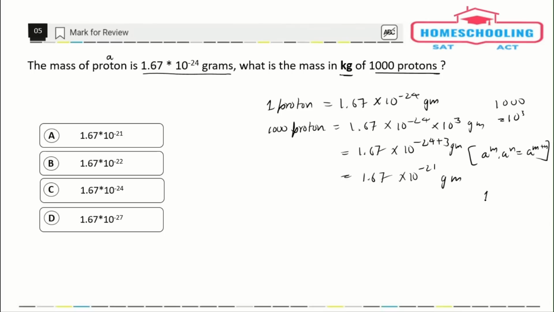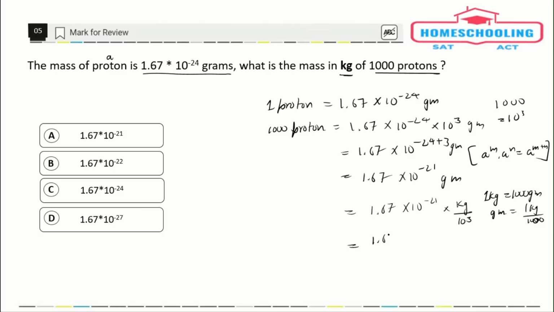But in the question, it was asked what is the mass of 1000 protons in kg. As we know, 1 kg is equal to 1000 grams. So grams can be written as 1 kg divided by 1000. So instead of this unit, we will write 1.67 into 10 to the power minus 21, and grams will be replaced by kg divided by 1000. Instead of 1000, we can write 10 to the power 3.